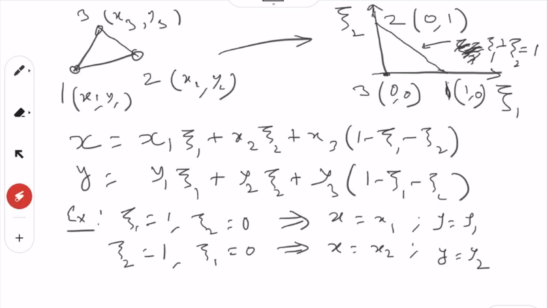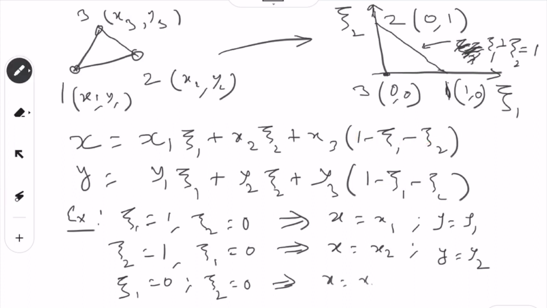At this point, xi1 equal to 0, xi2 equal to 0, and what do you get? The first two terms are 0, and here 1 minus 0 minus 0 is 1, so we get x3 and y3. So you get x equal to x3 and y equal to y3.